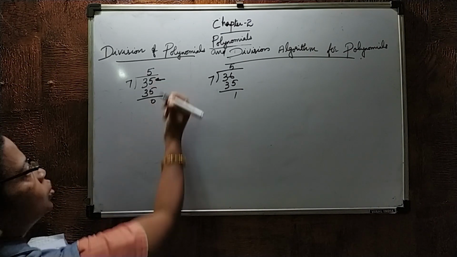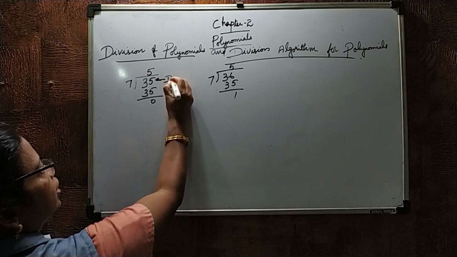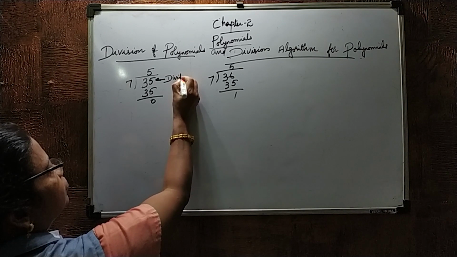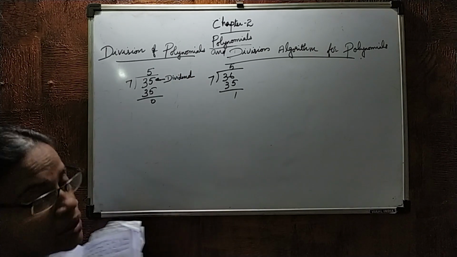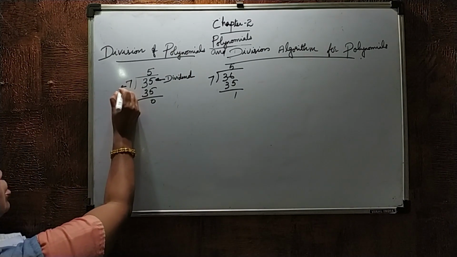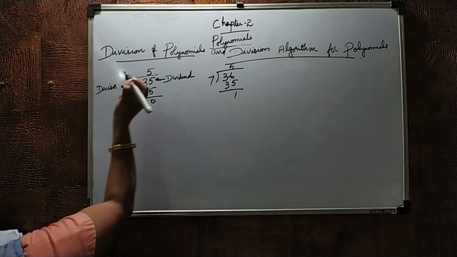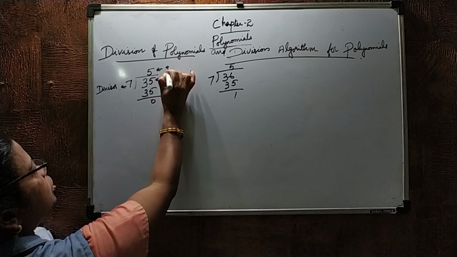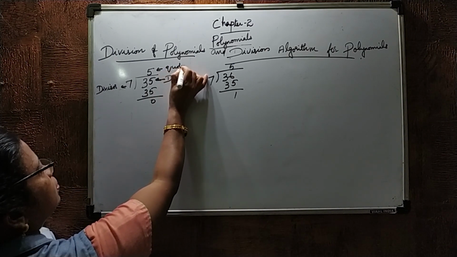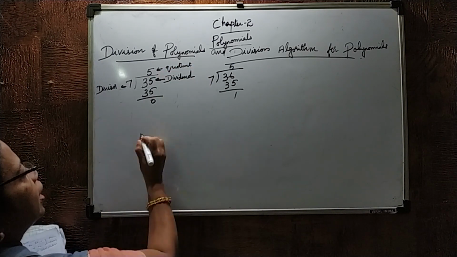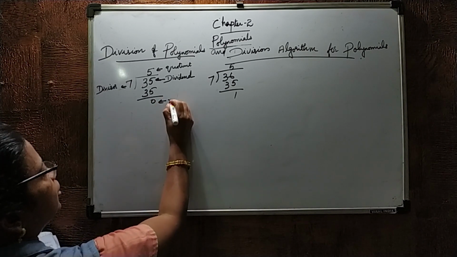So what are things you have to remember? What is this one called? This is called dividend. The next one, this is called divisor. And here it is called quotient. And here it is called remainder.